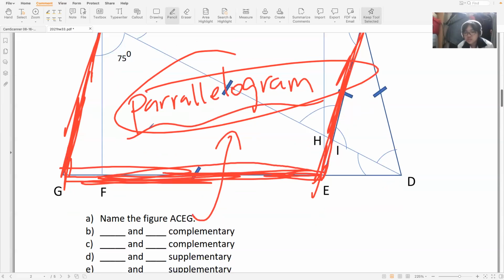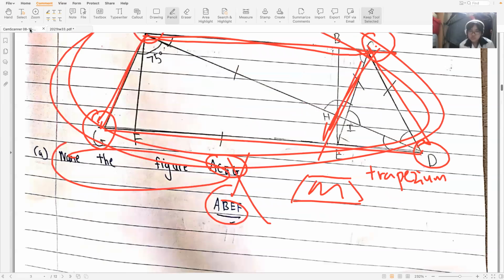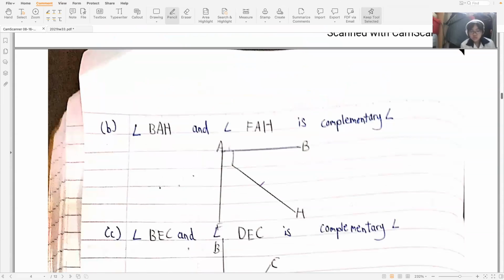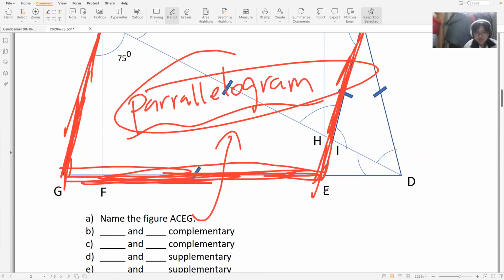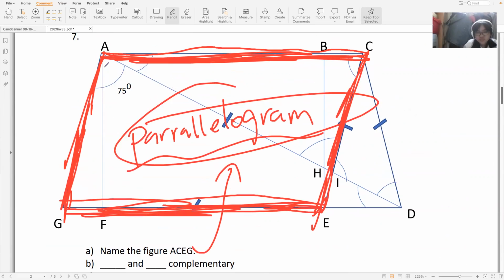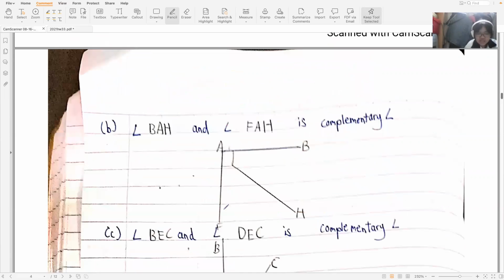Okay? Complementary, supplementary, let's do it. Is there an H line here? Let me double check. Oh, yes, there is. But looks like this is the H, but the 90 degrees is here. A, B, and then F. Do you choose F?